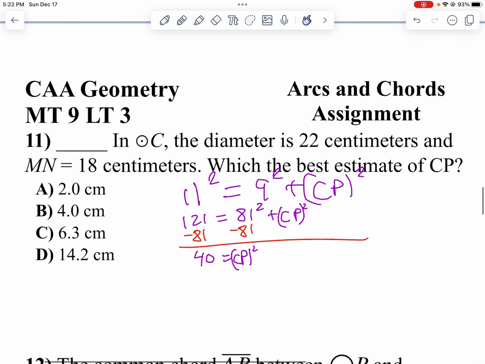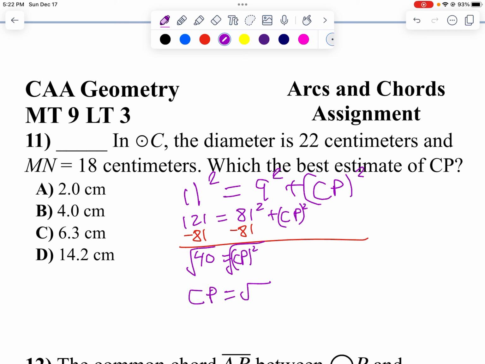All my choices are decimals, so we're going to take the square root of both sides. CP is the square root of 40, and if we use our calculator, the square root of 40 is about 6.3. So our answer is about 6.3 centimeters.